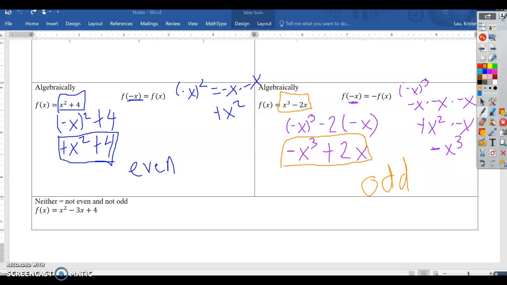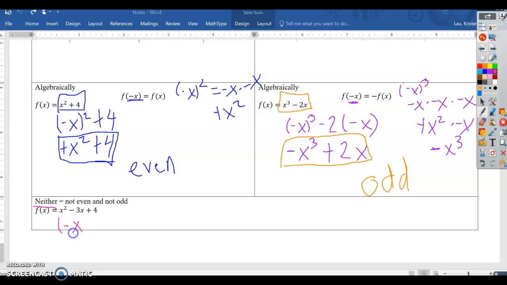Okay? Now we're going to look at how we tell if it's not even and it's not odd. The last example we're going to look at is going to be neither one of these. It's not going to be even, and it's not going to be odd. So let's first look at x squared minus 3x plus 4. We're going to use the same technique. I'm going to plug negative x into this equation.